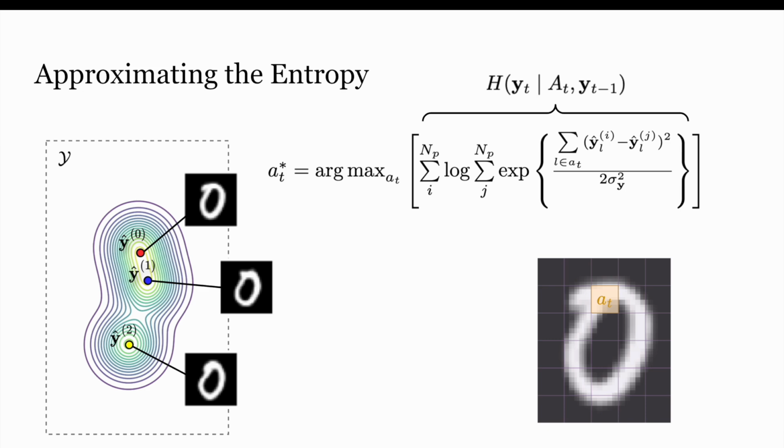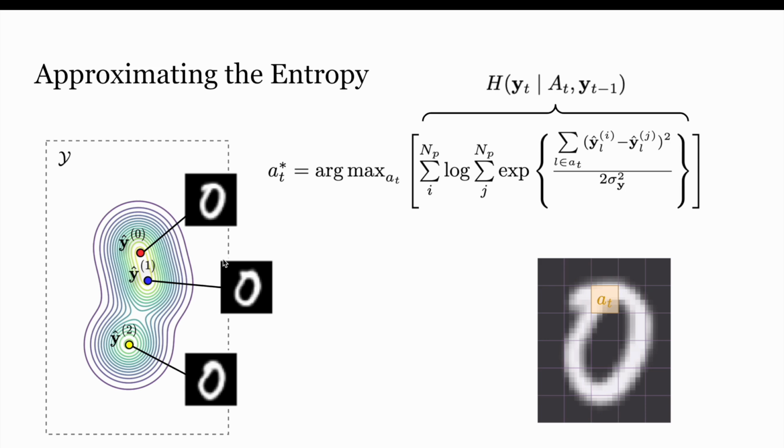And that's how we measure this disagreement between the pixels in this case. The main difference from the variance is that you have this sigma y term here, which determines the narrowness of these Gaussians. So you have this hyperparameter that you can use to control the sensitivity of this entropy approximation to outliers, which can be useful.